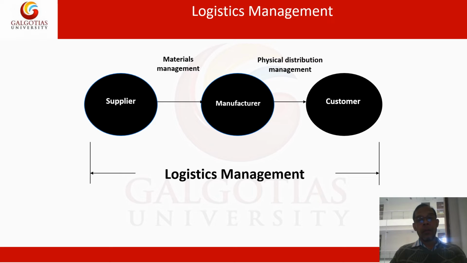And then the manufacturing plant produces the finished good, and this finished good is to be marketed and it should reach the end consumer. This is the physical distribution and transportation management. So in this course we will study the physical distribution and transportation management. Materials management we already studied in the last semester, so the second part we will study in this semester, which is the other part of the supply chain.